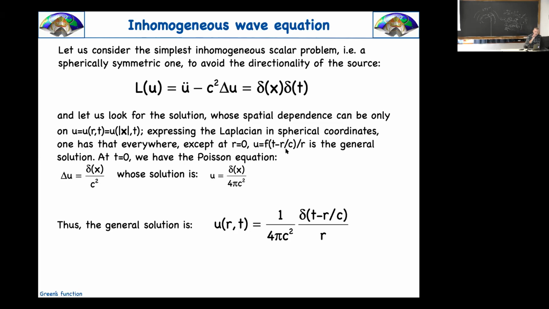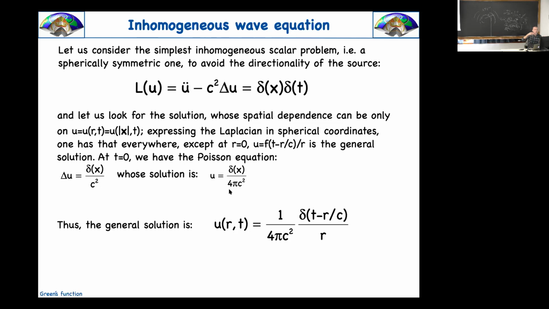When we consider time, and t now is 0, we know how to solve this Poisson equation. I'm sure that you have used it to find the electric potential field from a charge. It has exactly the same expression.